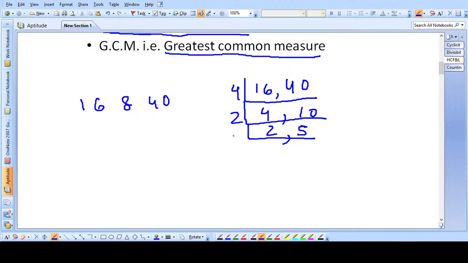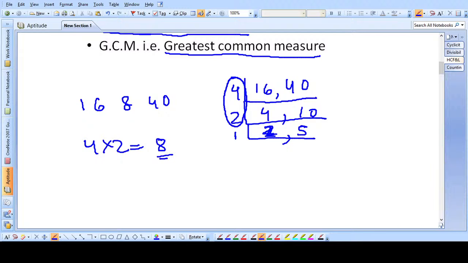Now there is no number which is common, no number except 1. Except 1, but we don't take 1, as it doesn't have any proper significance. You can divide any number n times by 1, and it will always be the same, so 2 and 5 only. So you have to take the numbers which are here in the ladder, and write down this number, 4 into 2, which is 8.